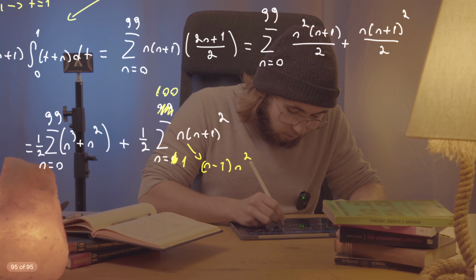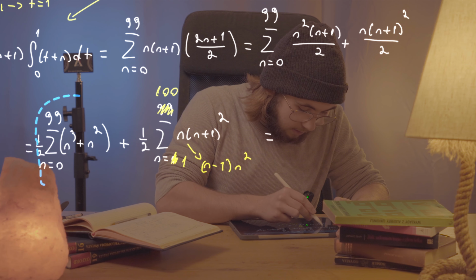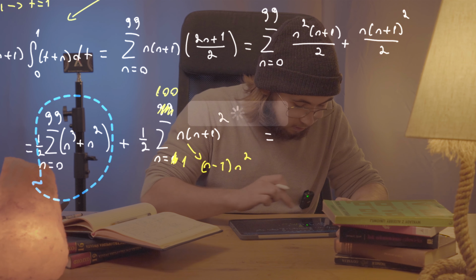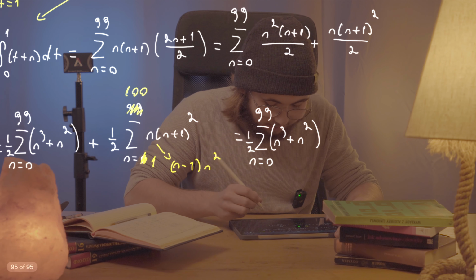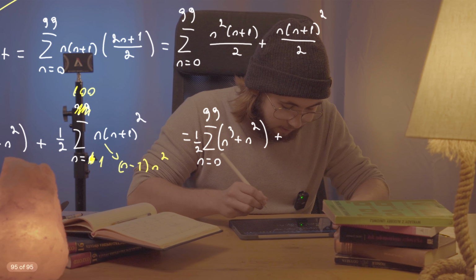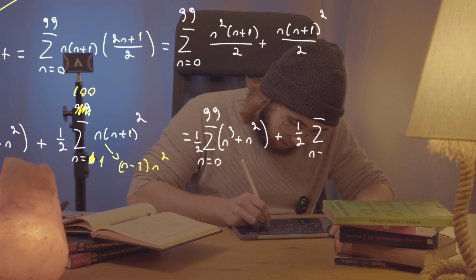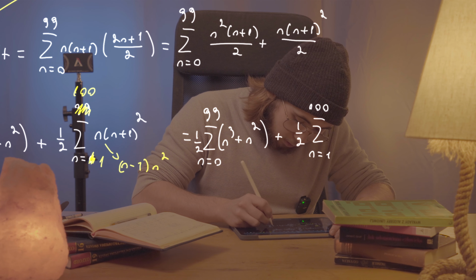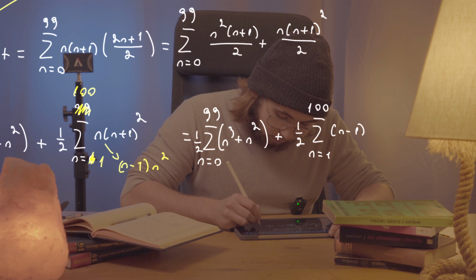And when we do it, on the left hand side of the plus sign, we're just going to get this sum once again, and I'm too lazy to write it down again, so I'll just copy it. And on the right hand side of the plus sign, we're going to get a half of the sum from n equal to 1 to 100 of n minus 1 times n squared.